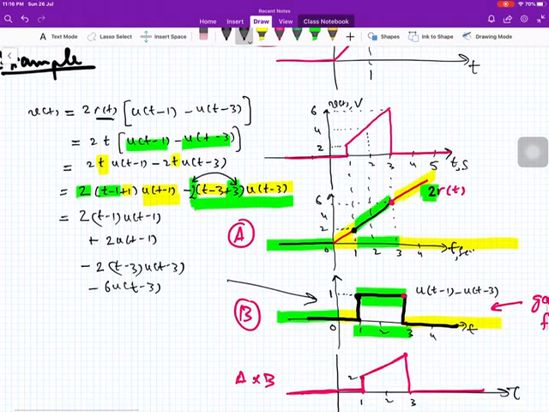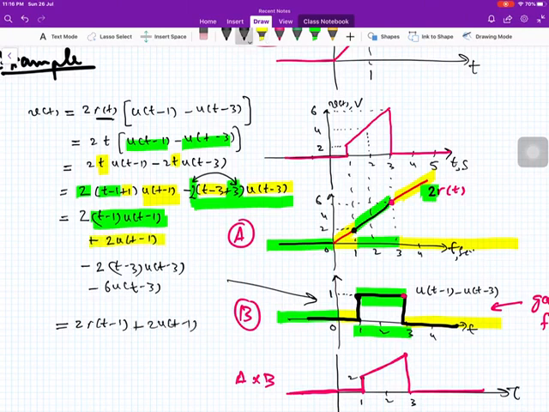Now we see what this signal is. We can represent it as 2r(t-1), then plus 2u(t-1), then minus 2r(t-3), and the last one minus 6u(t-3).